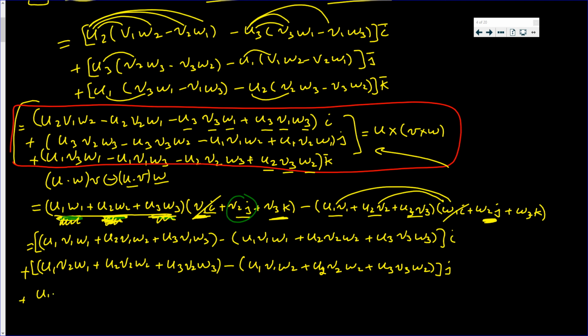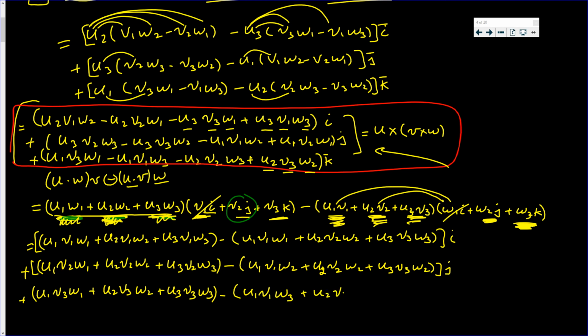So I get U1 V3 W1 plus U2 V3 W2 plus U3 V3 W3. And then I take away, well, I already have the takeaway sign. I multiply each of these three terms with W3. And I get U1 V1 W3 plus U2 V2 W3 plus U3 V3 W3. And this is all in the k direction.